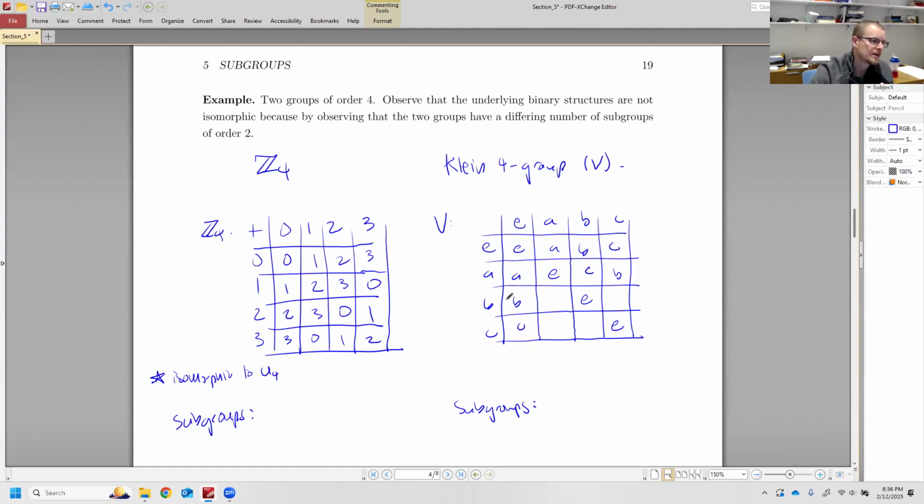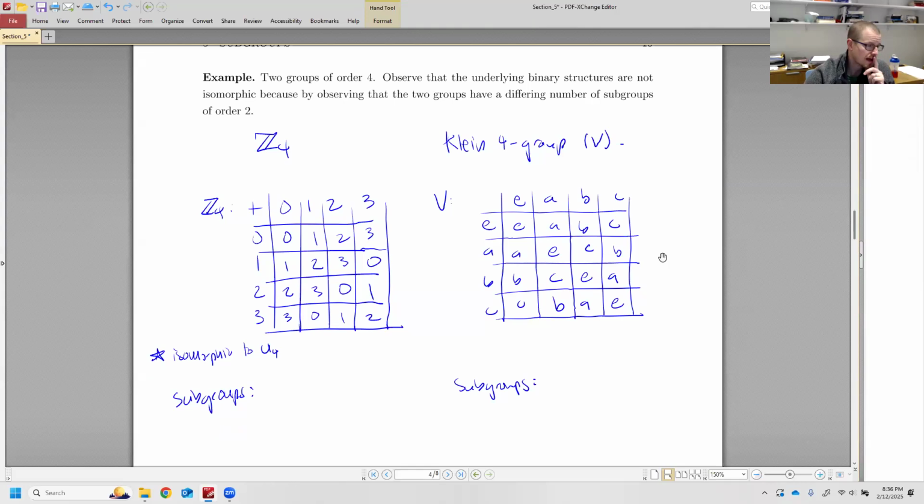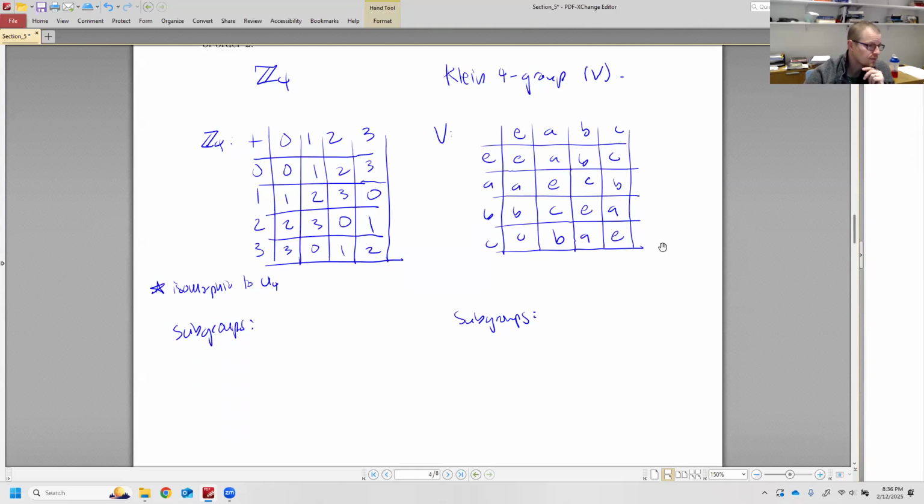I can't have B here, so that has to be C, and I can't have C here, so that has to be B. Fantastic. And that leaves us with A here and A here. Okay, so as soon as we have one that's got the identity along the main diagonal, then we're forced into that particular group.